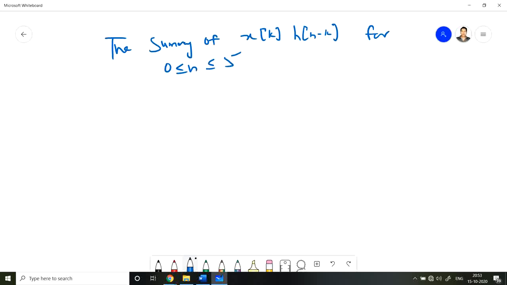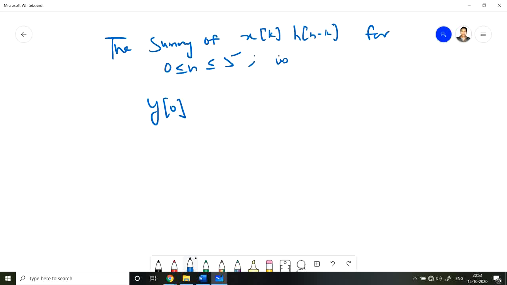So what we will get is the summation of xk with hn minus k, for 0 ≤ n < 5, which is yn.